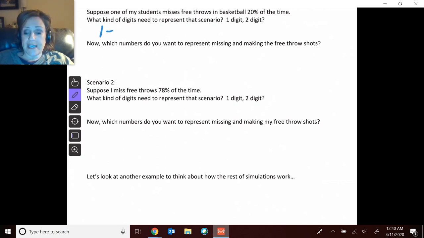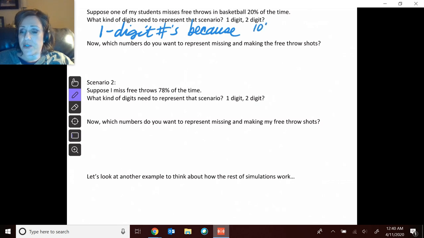And so as we get into this, you'll see one-digit numbers because percentages, the 10%, 20%, and so on can be represented with just 10 single digits.